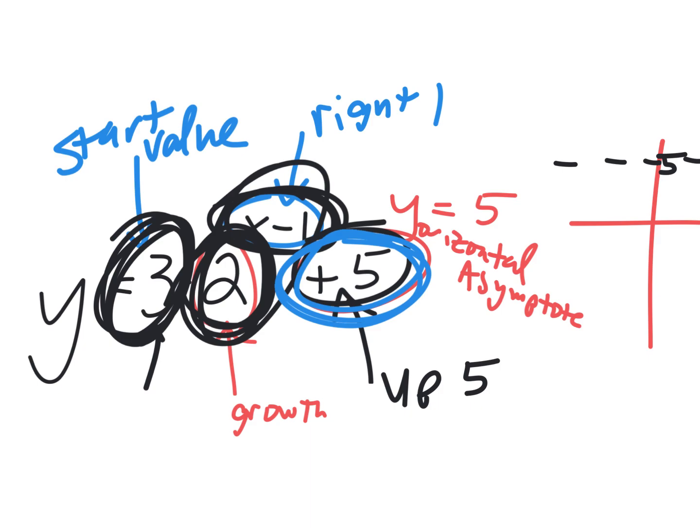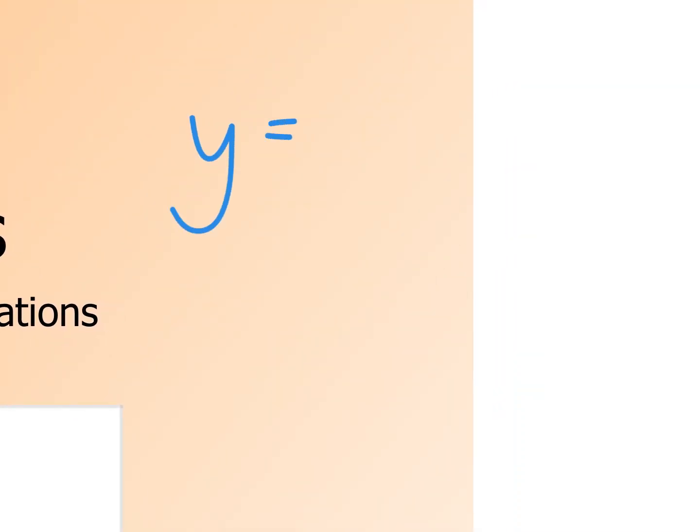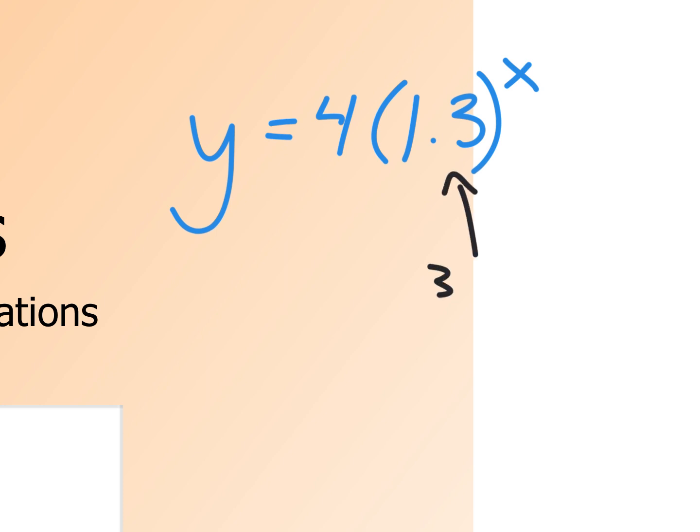Okay. Next, what if I said y equals 4, that's the starting value, times 1.3 to the x. Now we got to get a little more specific. 30% growth.